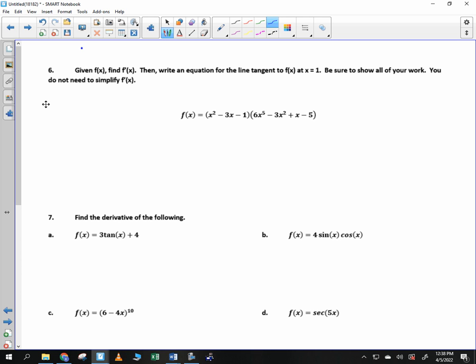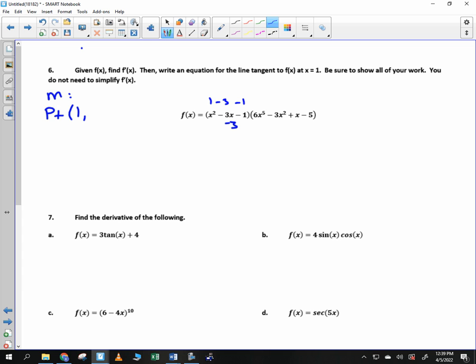What two things do you need to write an equation for a line? Slope and a point. What's the point? When x is 1, I get 1 minus 3 minus 1. 1 minus 3 is negative 2, minus 1 is negative 3.